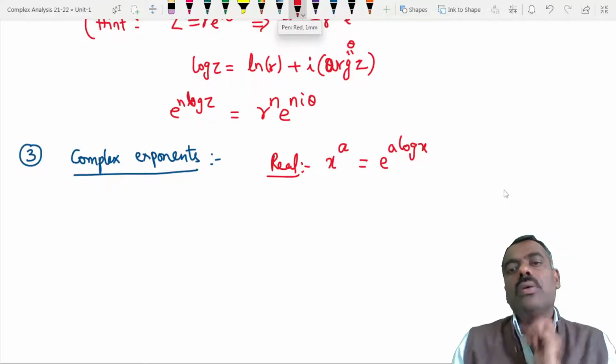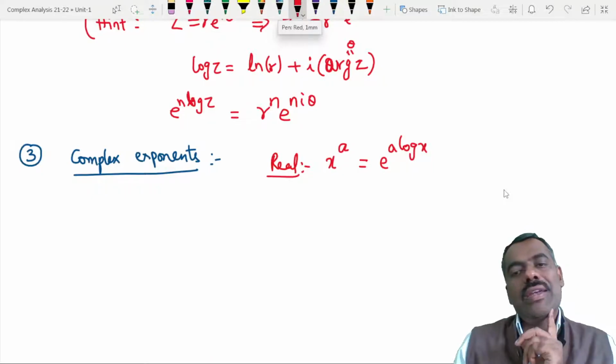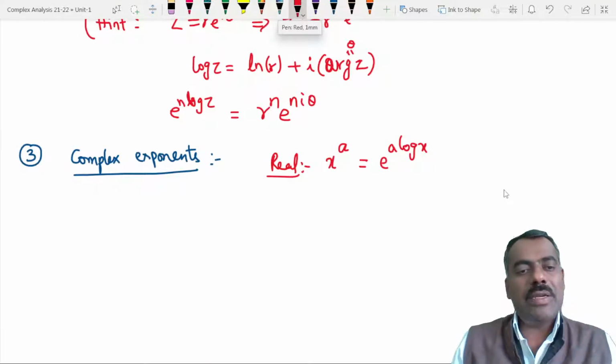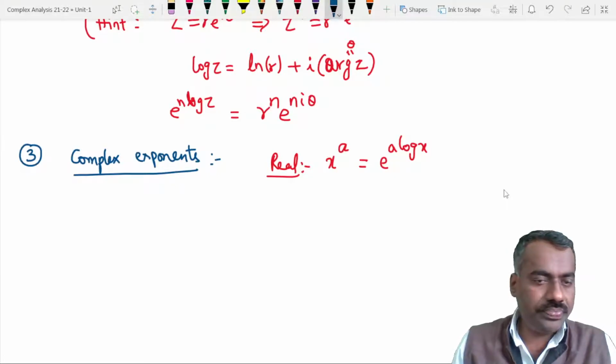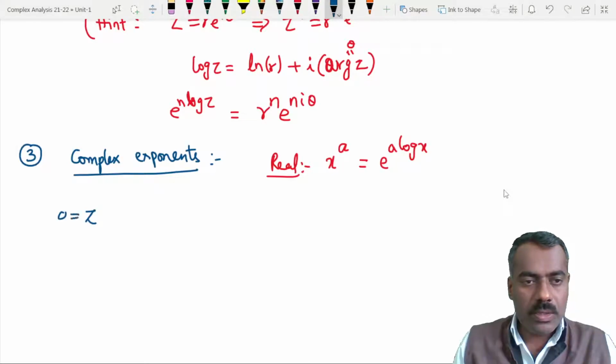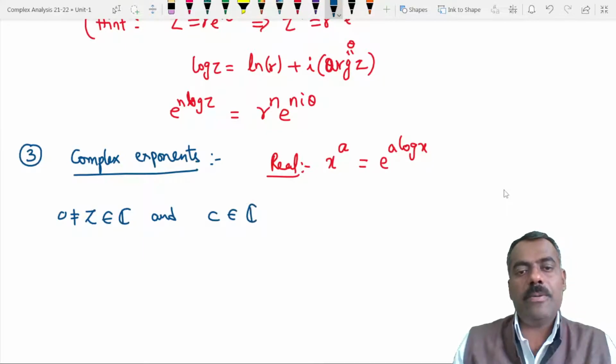Okay. So similarly, we can talk about what is meant by this. So you take Z is any non-zero complex number, and you take C is any complex number.